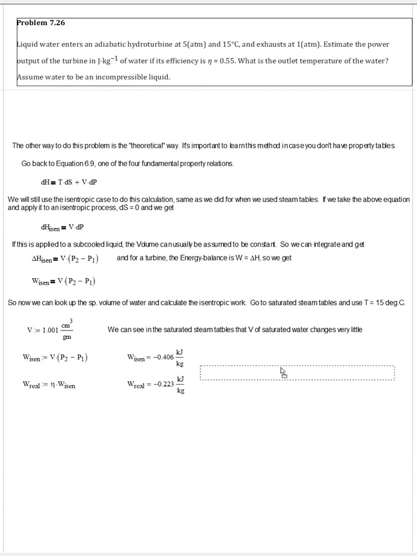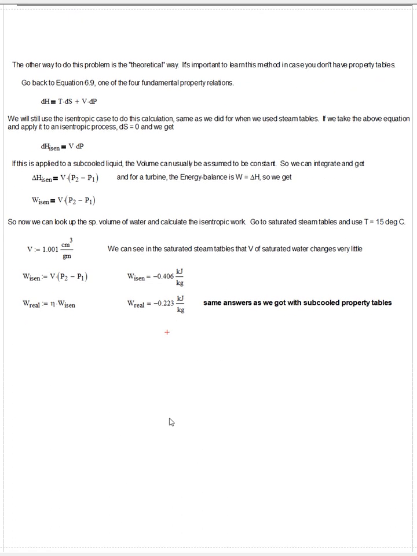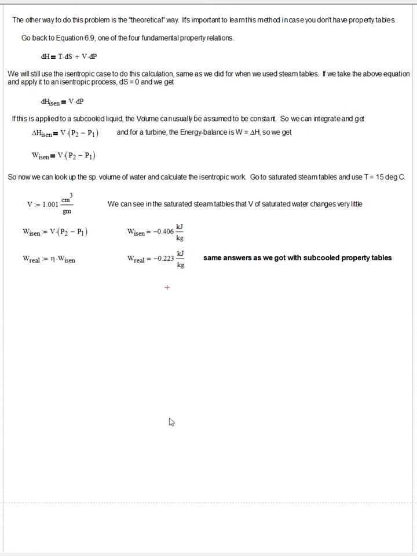If you remember what you did in your previous problem using the subcooled liquid properties that you looked up online, you'll see you got the exact same answer to 3 decimal places. So this method actually works pretty well.